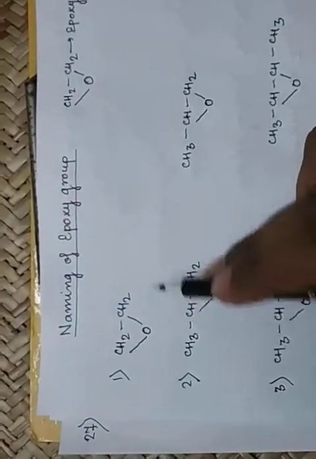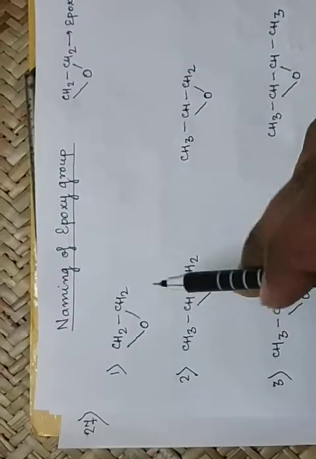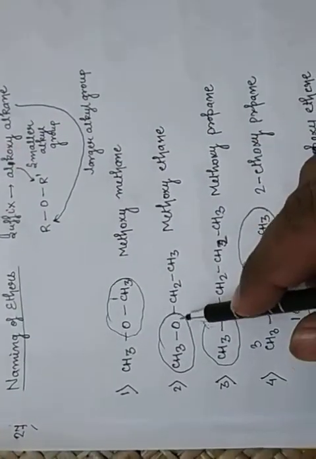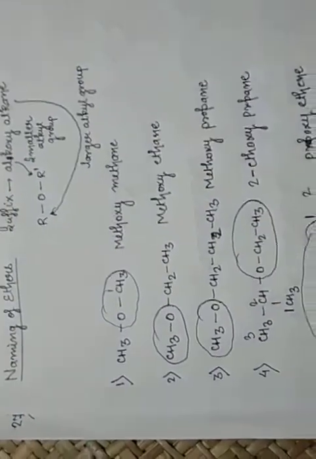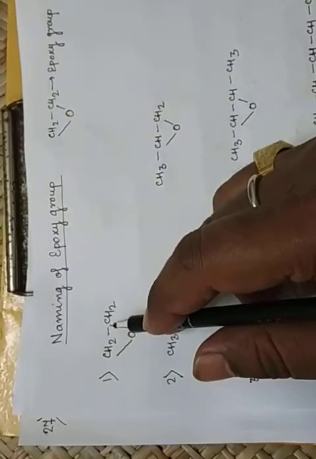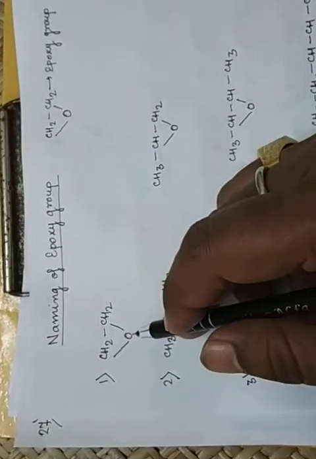Okay. Now suppose you have the example of this: 2 carbons attached with oxygen. In an ether group, oxygen is attached at the center, but here there are 2 carbons attached with a single bond and 2 carbons attached with the oxygen group.